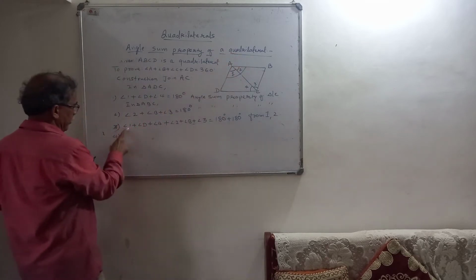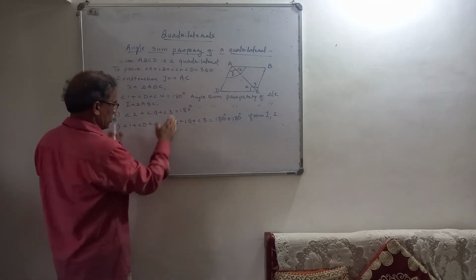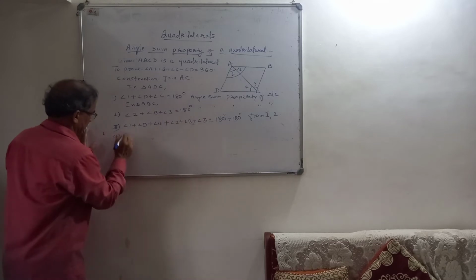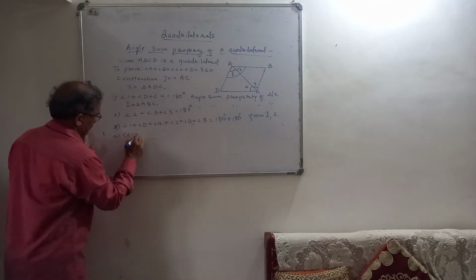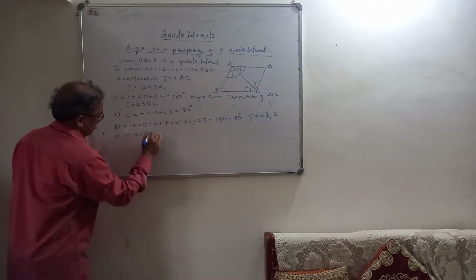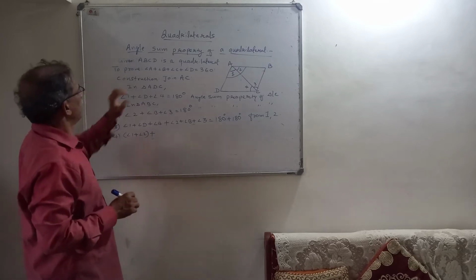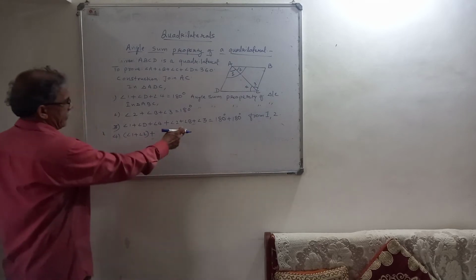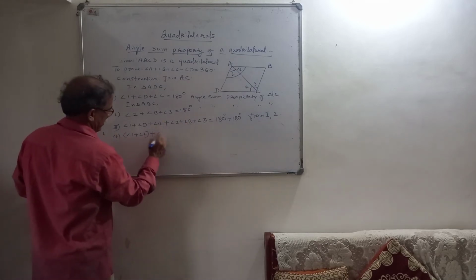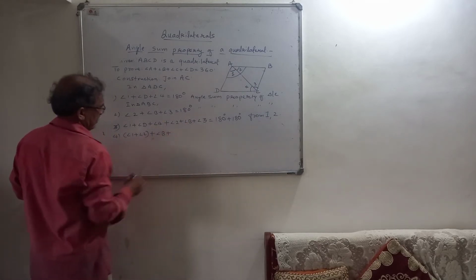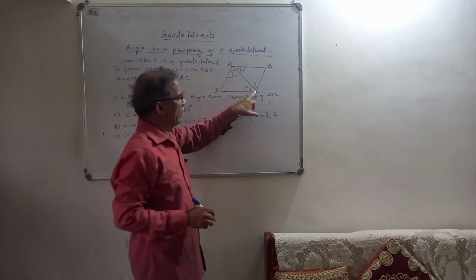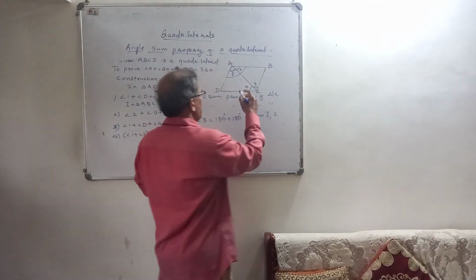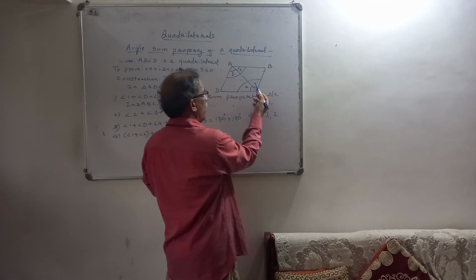Now see, here we have angle 1 and here angle 2. So let us take them together. Angle 1 plus angle 2 plus angle B, which is here, plus angle C. C means this full angle, which is the addition of 3 and 4.